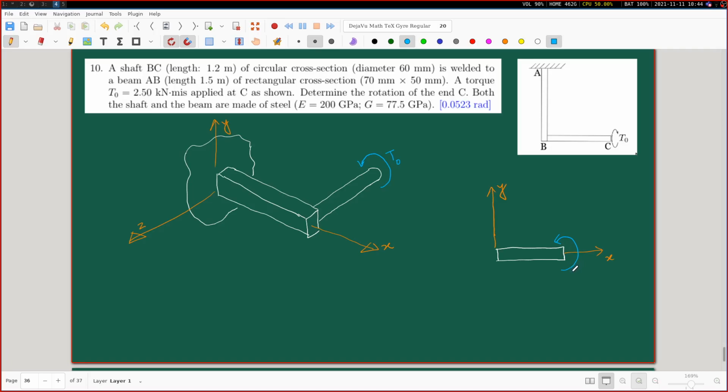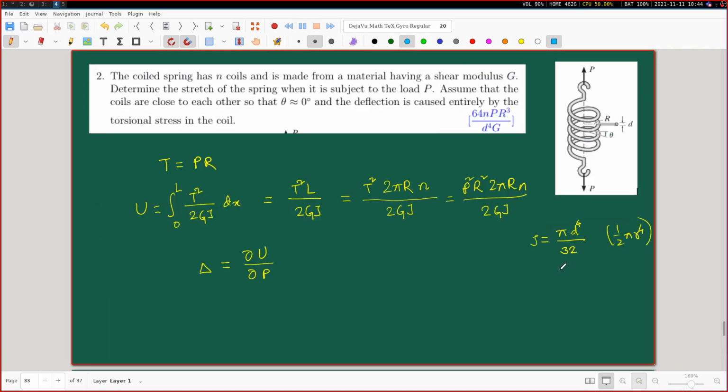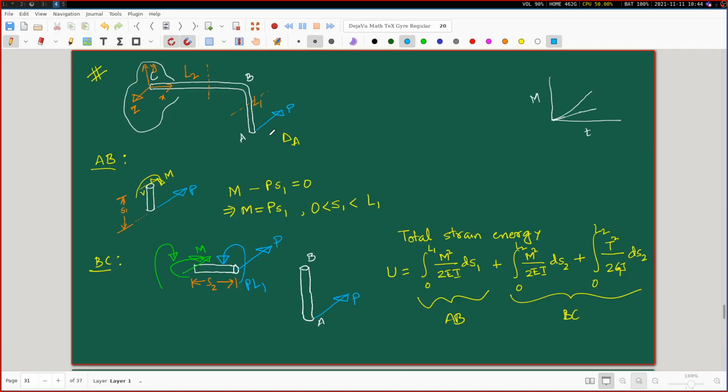Okay, so till now we have mostly been considering the application of forces, and the one problem on combined loading that we did yesterday, if I just refer back to this problem, that was through the application of a force.